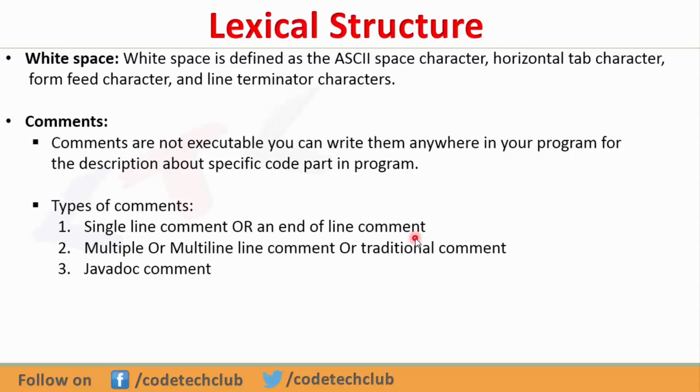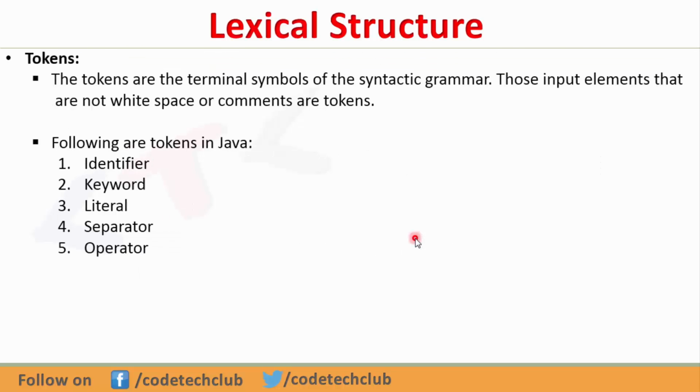And Javadoc is for documentation. White space, comments, and next are the tokens. I am going to upload another video in which I'll describe all these concepts in detail. For the time being, you just have an overview of these concepts.